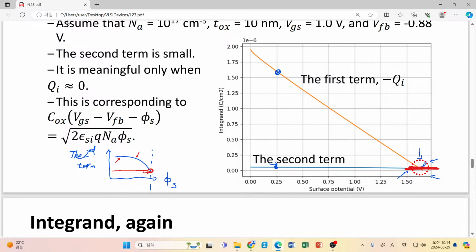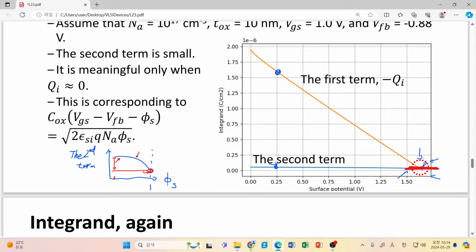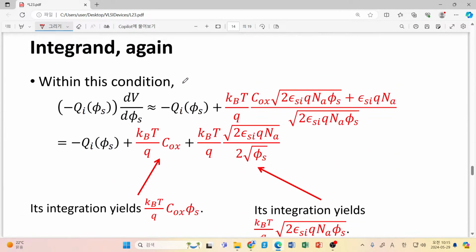Of course, how much error is accumulated? The error, for example, at this surface potential will be this small amount, but in this scale, this is really negligible. So that is the hidden method we use to make a tractable expression. So are you all with me? In this constant approximation, the second term can be approximated as this one.